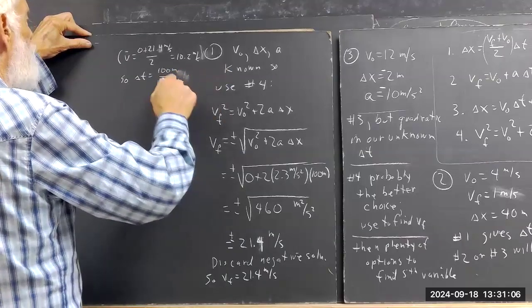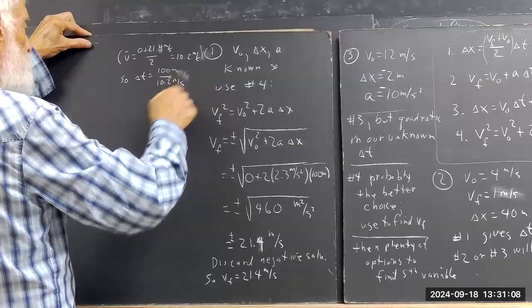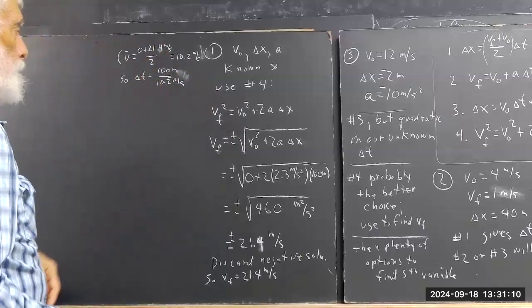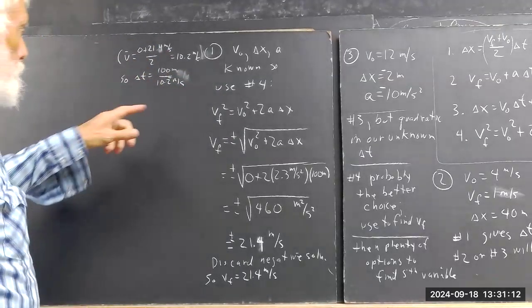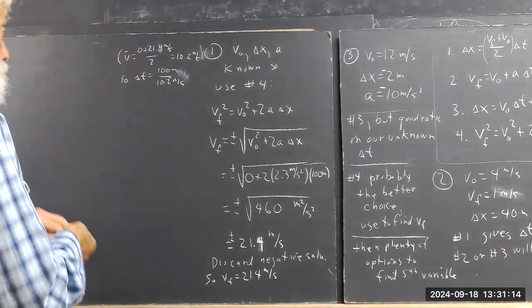It's in the denominator: you divide meter by meter per second. It's like multiplying meter by second over meter, and that gives you seconds.